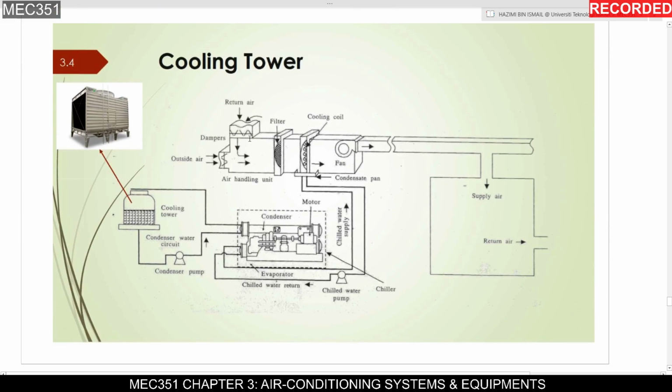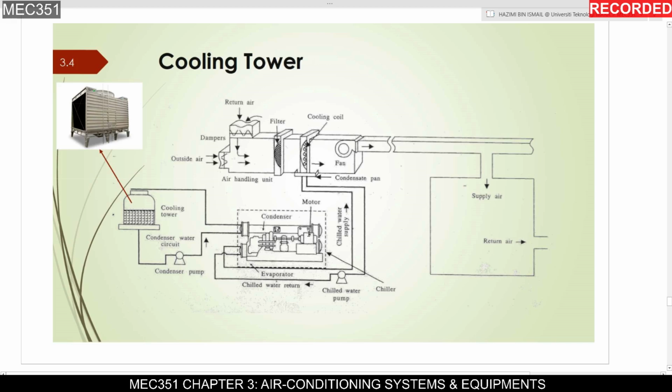Here is the diagram of the chilled water system. This one is the air handling unit, and then the water will be returned back to the chiller, where we have the four basic components: evaporator to absorb heat, and the compressor.